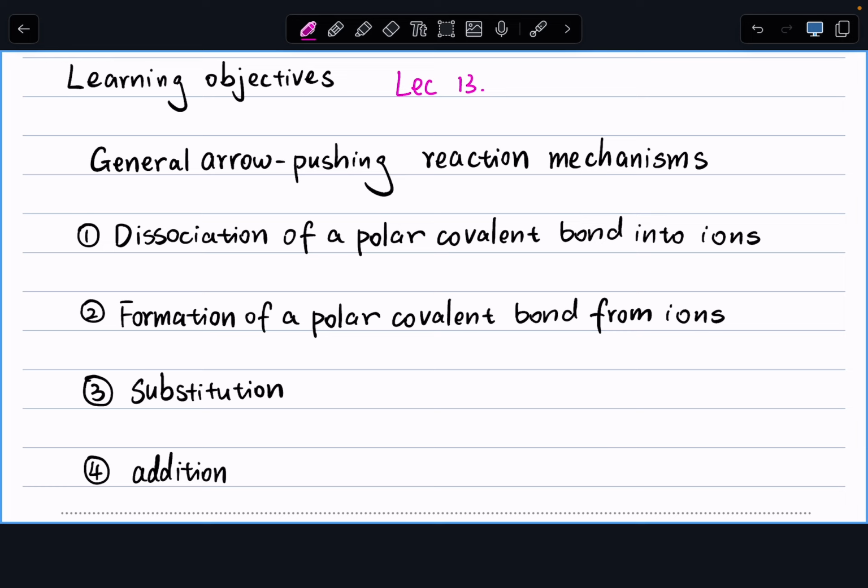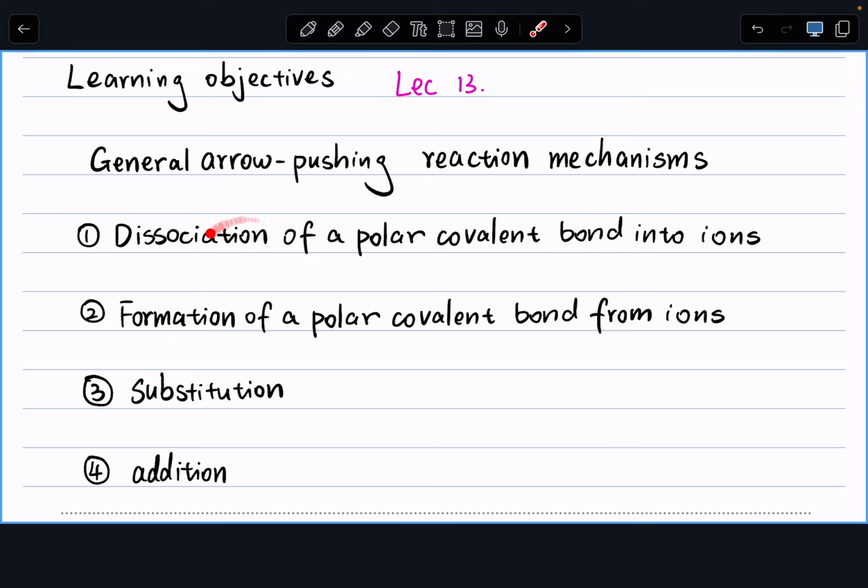All right? So this is not any specific chapter in your textbook. I think they treat this arrow pushing as an appendix inside the chapters. So that's what we're going to do today. In general, today we're going to go over arrow pushing of a bunch of elementary steps in organic chemistry.